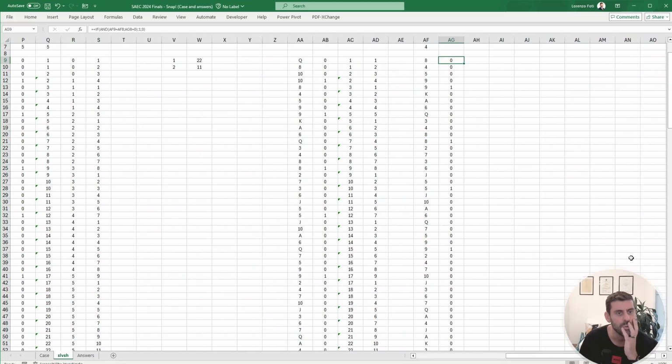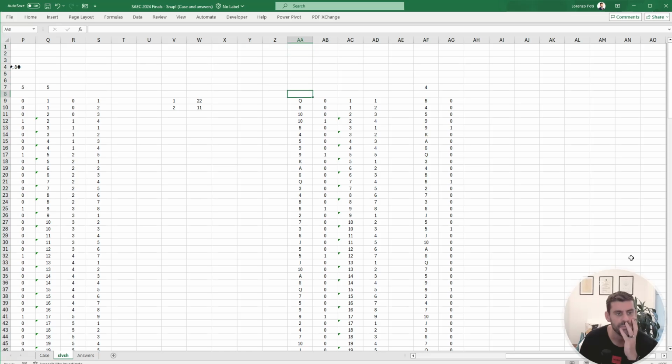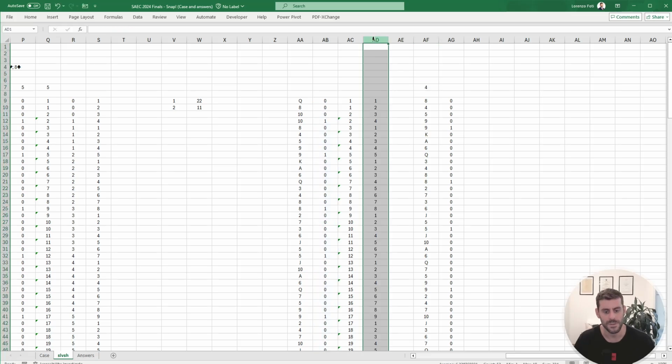I need to know who is snapping. The turn number is complex. The turn number will be very complex. So actually I don't need this.